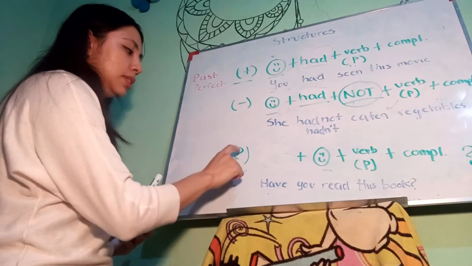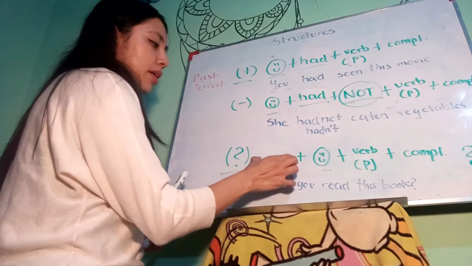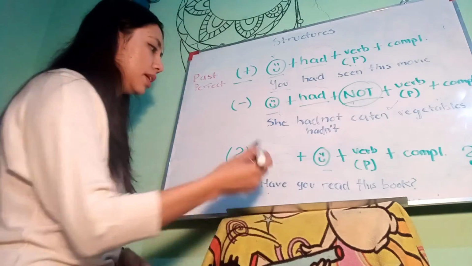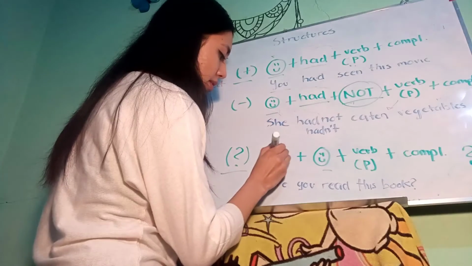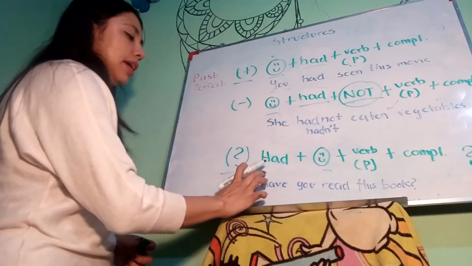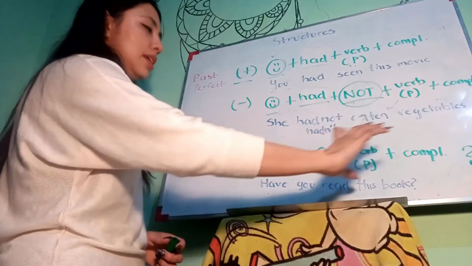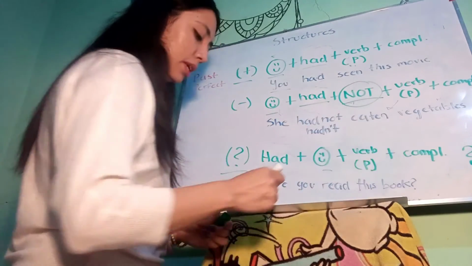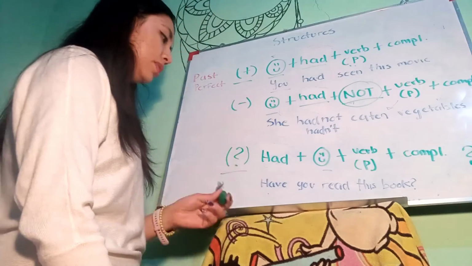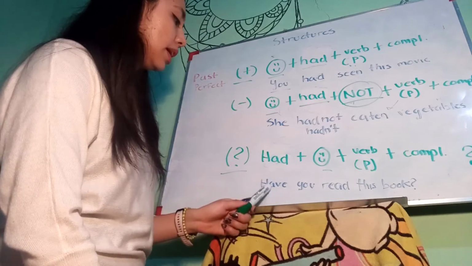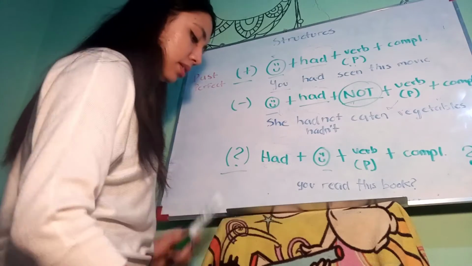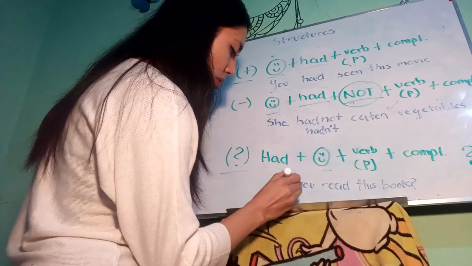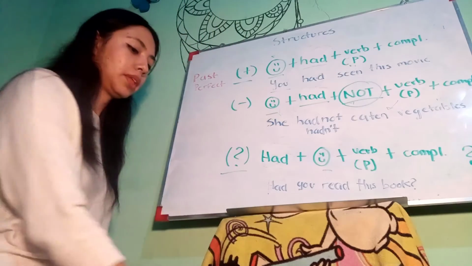Okay, and the last one, the interrogative form. My auxiliary is had, and the rest of the structure, my subject, my verb, and my complement. So with the previous example, had you read this book?